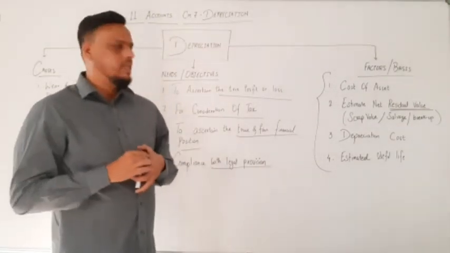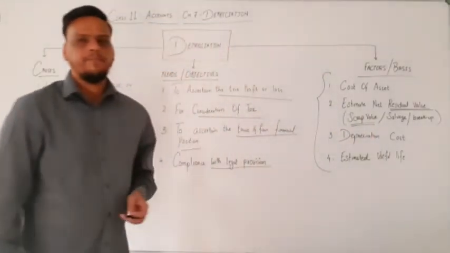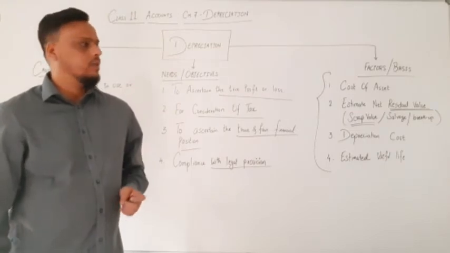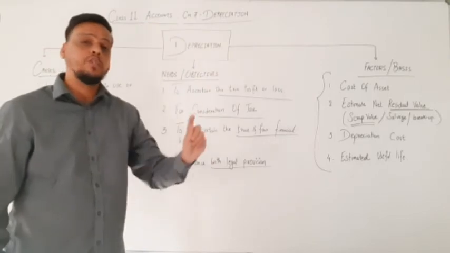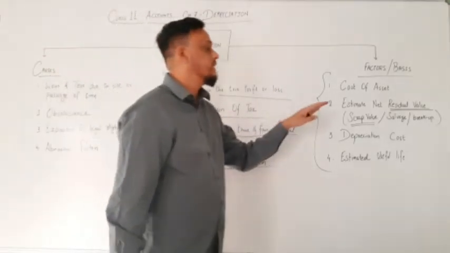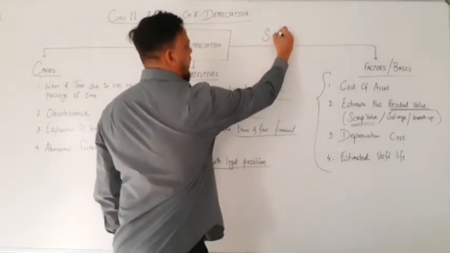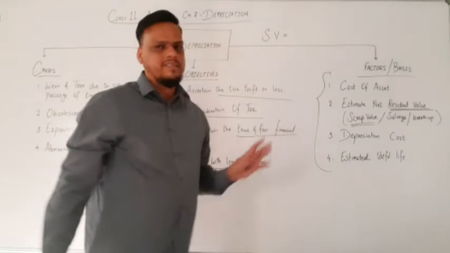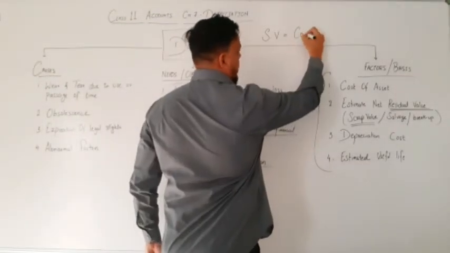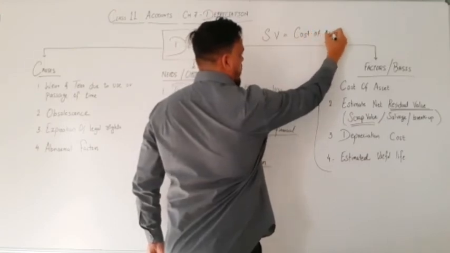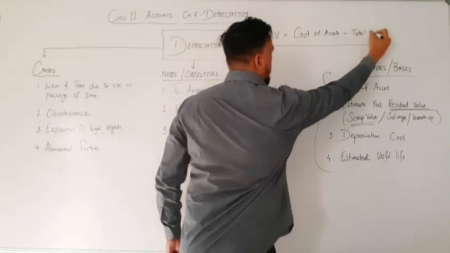When I was studying, at that time there was only one word known as scrap value. Scrap value is nothing but the cost price minus depreciation. The total depreciation has been reduced, then the scrap value occurs. If you want to find the scrap value, I am writing the short form, so you should understand how scrap value is calculated: cost of assets minus total depreciation.